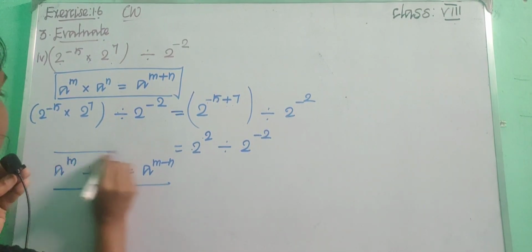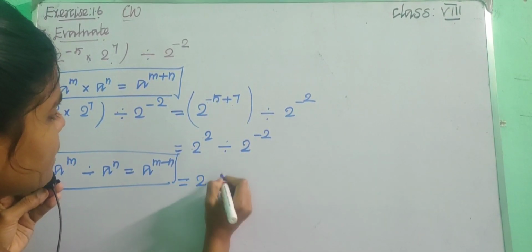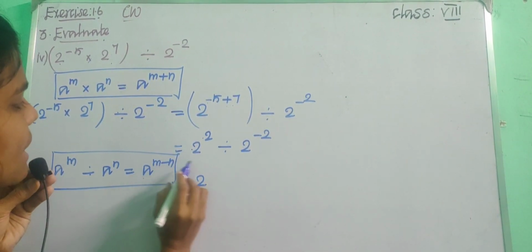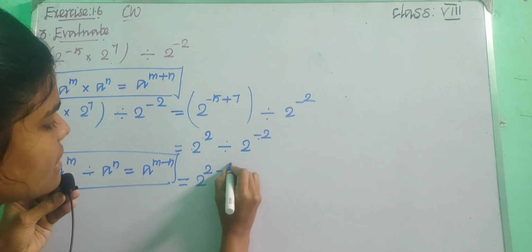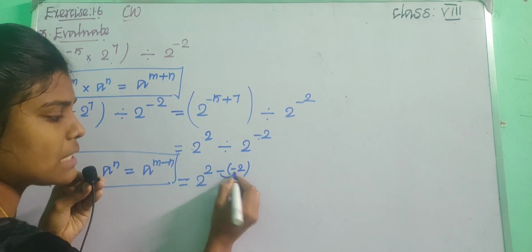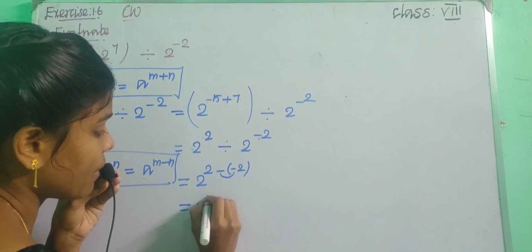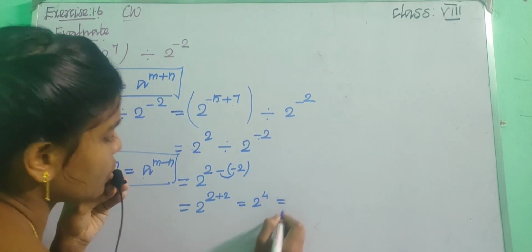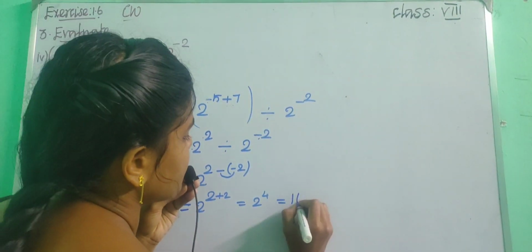Now, same base, but we subtract the powers. So 2 minus, and already here we have minus, so minus 2. Now we have 2 signs, and minus into minus is plus. So 2 power 2 plus 2, and we got 2 power 4. 2 power 4 is 16. Okay, so the answer is 16.